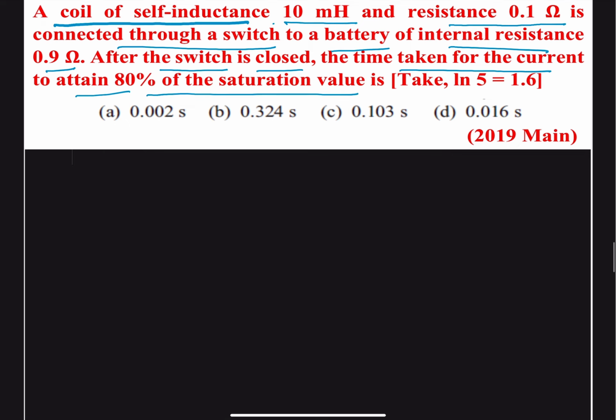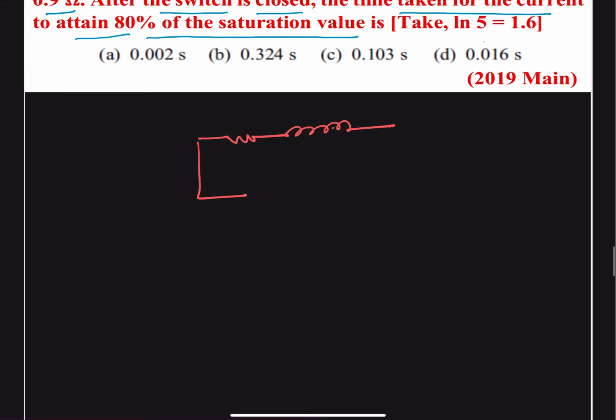So we have given that we have a resistor and inductor in series. Along with it, we are also given a battery which has some internal resistance.